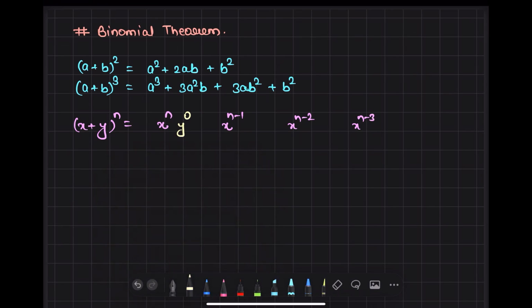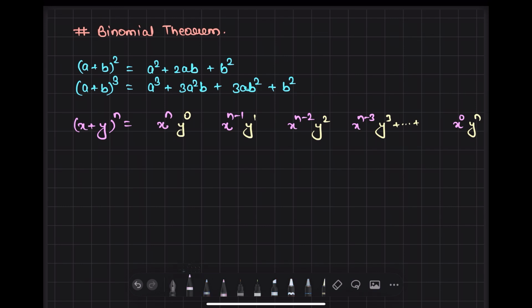The power of the second variable will increase by 1 each time. You keep doing this until you get the maximum power of y as n and the minimum power of x as 0.